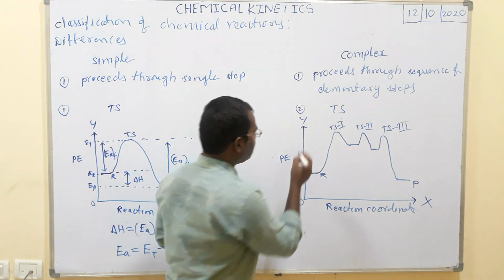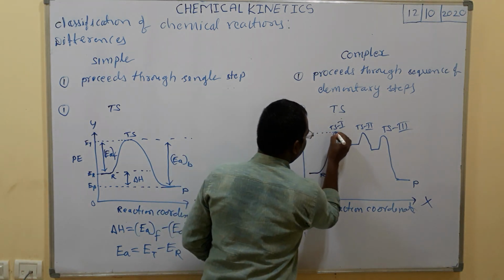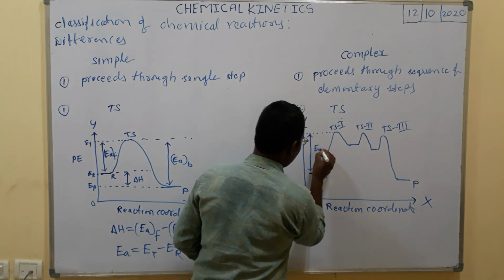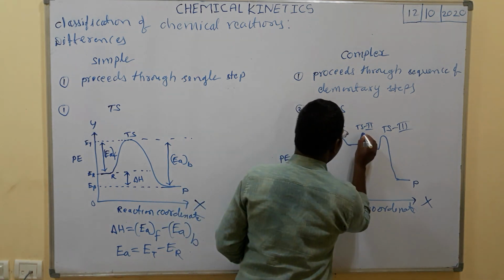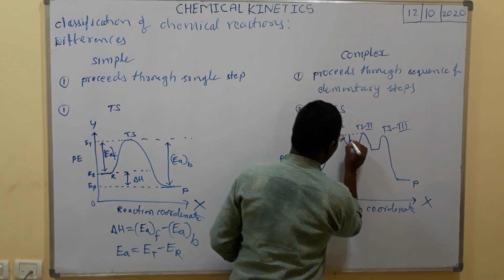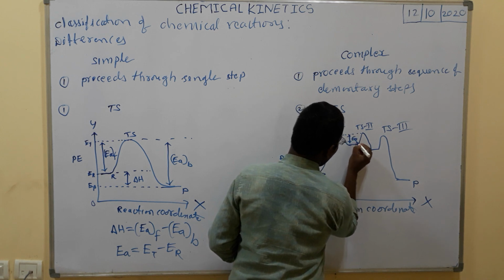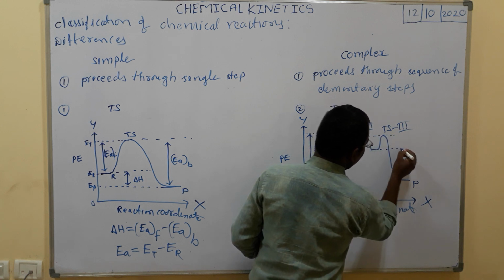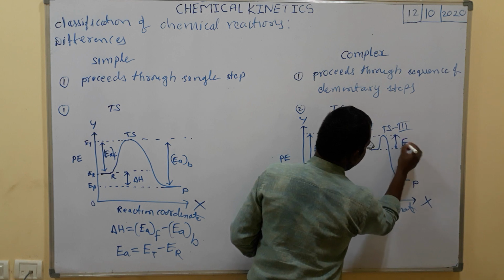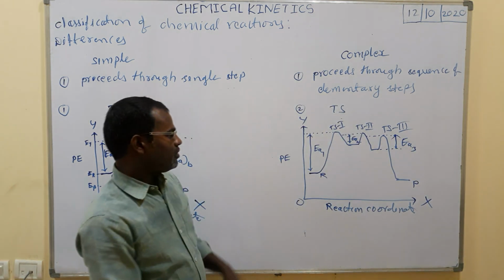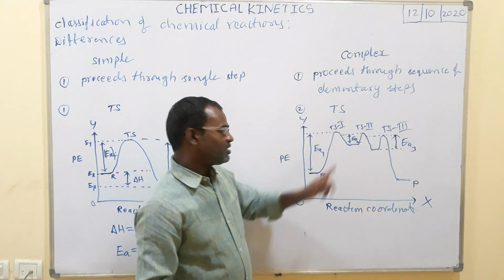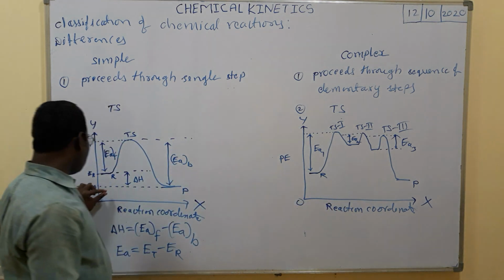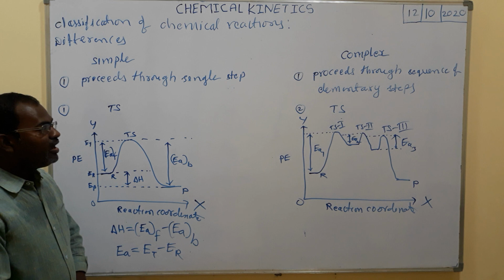And this is the activation energy EA1, whereas this is EA2, and this is EA3. If you see the energy profile diagram for the complex reaction, there we have two reaction intermediates, whereas in the simple reaction we don't have any intermediate.